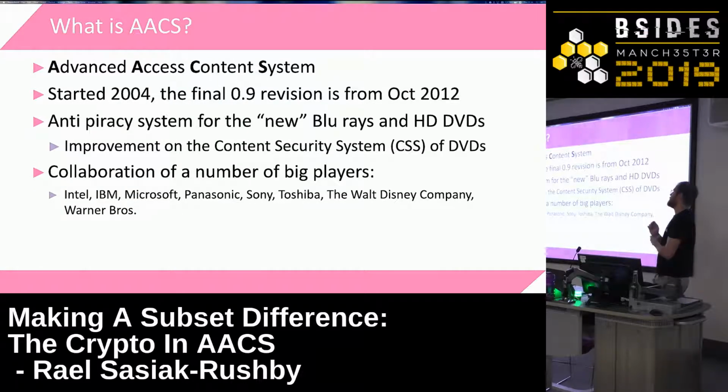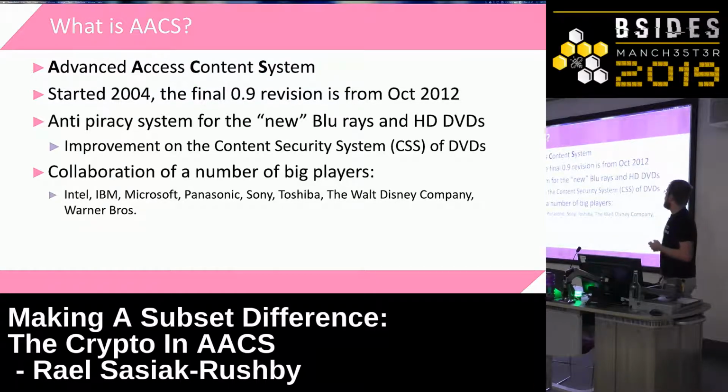What is AACS? The Advanced Access Content System. It's basically the new thing after we had CSS for DVDs. If you're one of those people that, like me, has DVDs at home and you've ripped all of them onto a hard drive because, you know, DVD Decrypter is a thing, this is the new and improved version that was brought out to stop people ripping all the Blu-ray discs, and that's why you don't find Blu-ray rips online.